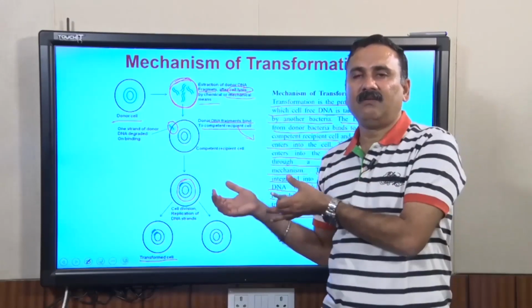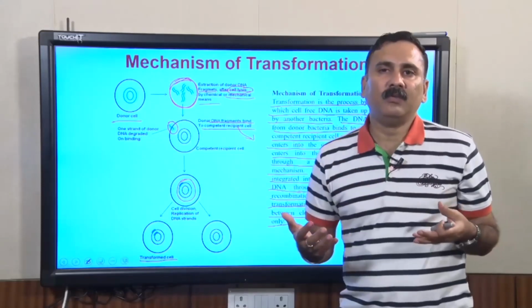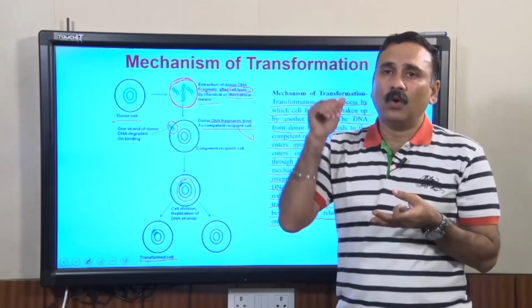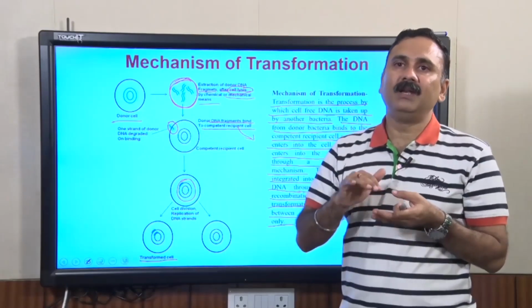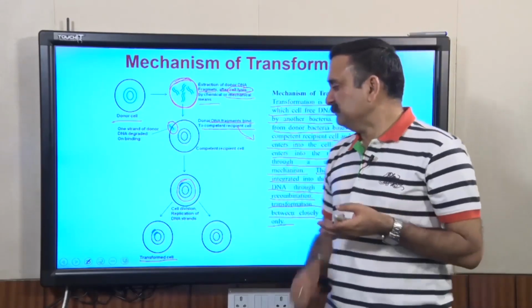So, as soon as the DNA enters into the recipient cells, it is not going to be degraded, and that is how it gets a chance to go to the chromosome, and then it will integrate into the chromosome by homologous recombination.